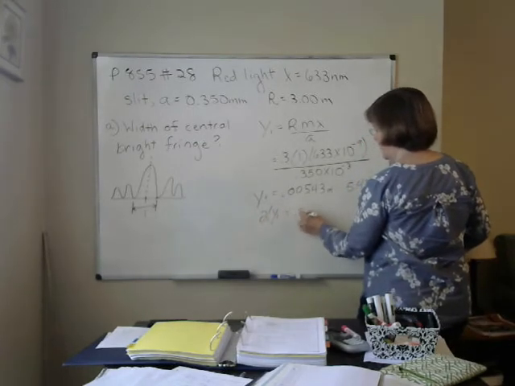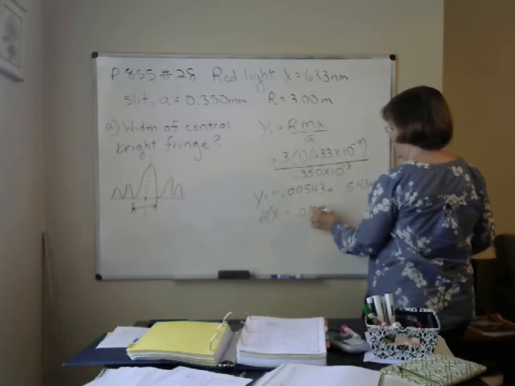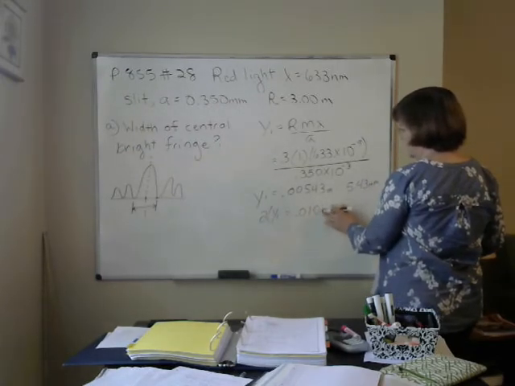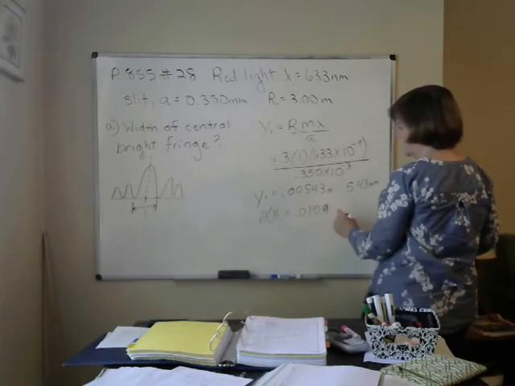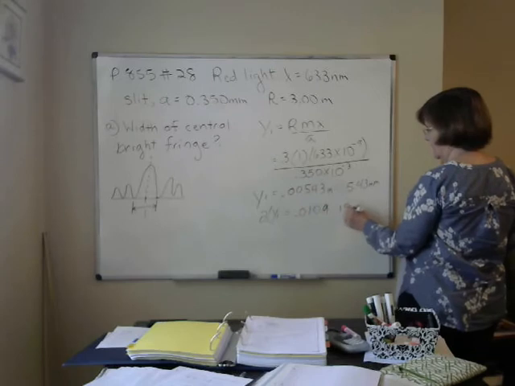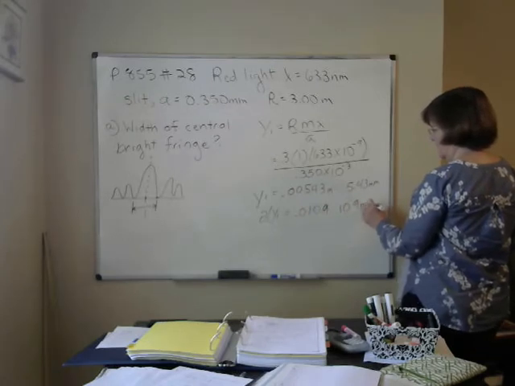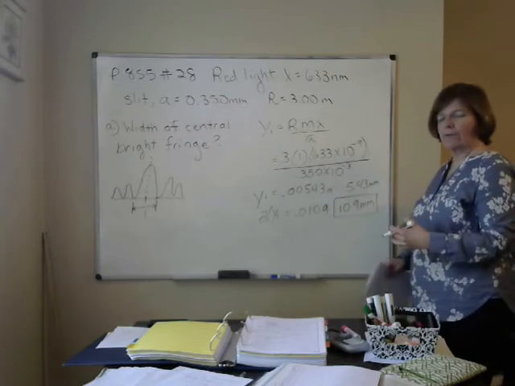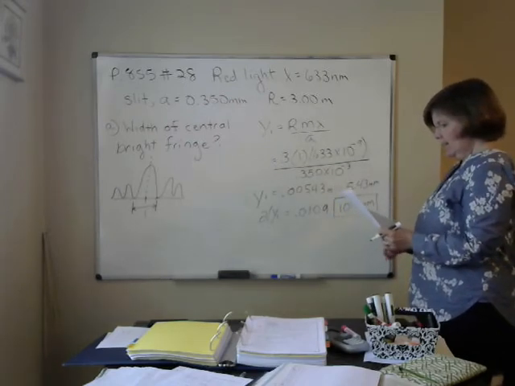It's 0.0108, or 09 actually, by the time we round it, 0.01086. That's about 10.9 millimeters. That's the width of that central bright fringe.